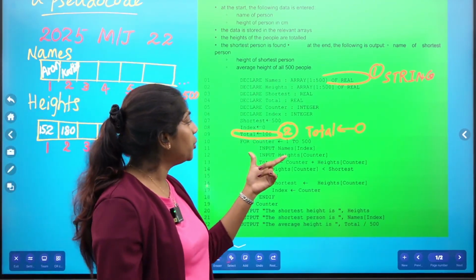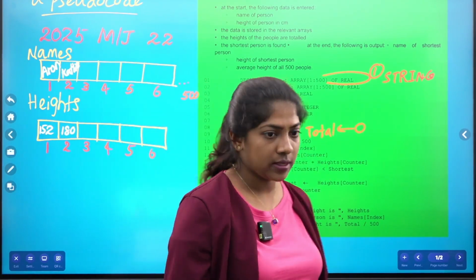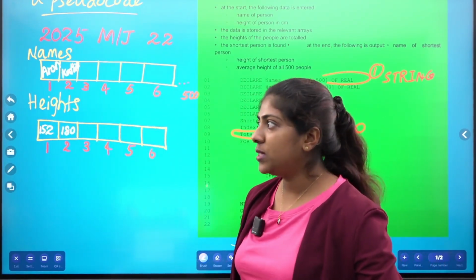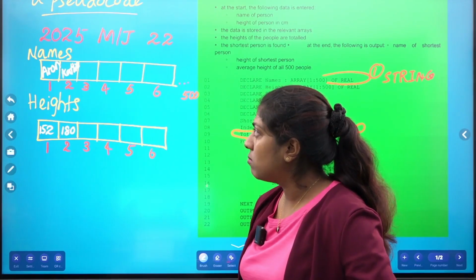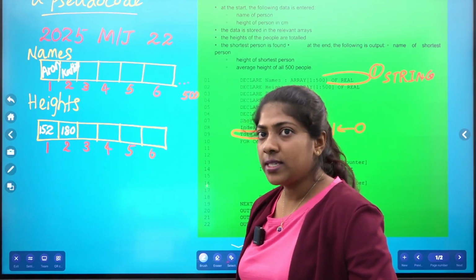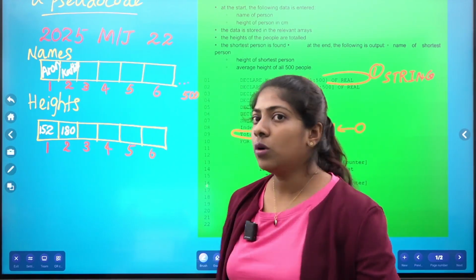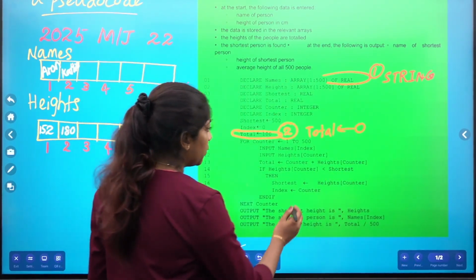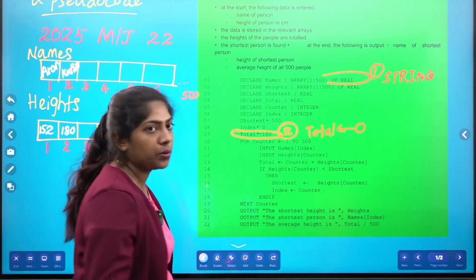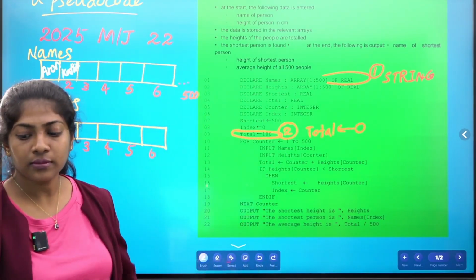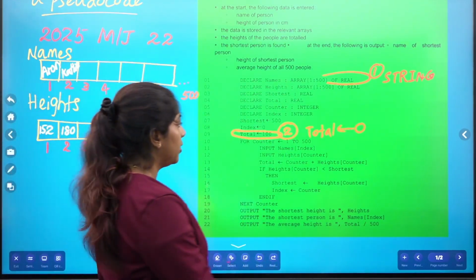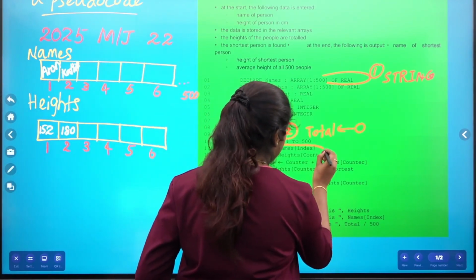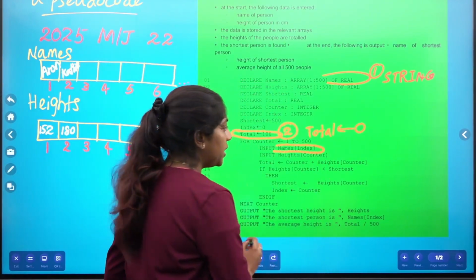Then input names index. Names index. Is it index or counter? Is this one index or counter? It is not index.